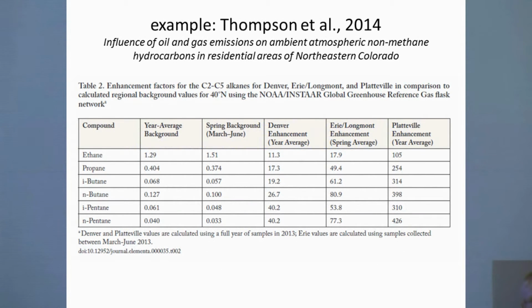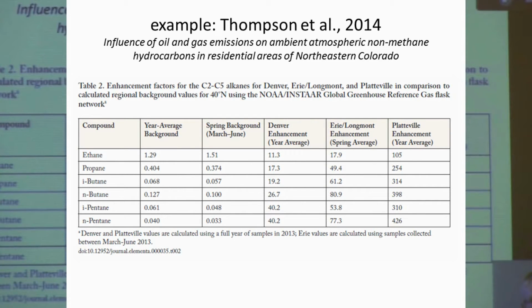So this is from the Thompson et al. paper that just came out about a month ago. Enhancement factors for the C2 to C5 alkanes in 3 different locations: Denver, Erie, Longmont, and Platteville. So what you see in these numbers here is the left column, year average background. So those are typical mixing ratios you observe in relatively clean air, typical rural air.